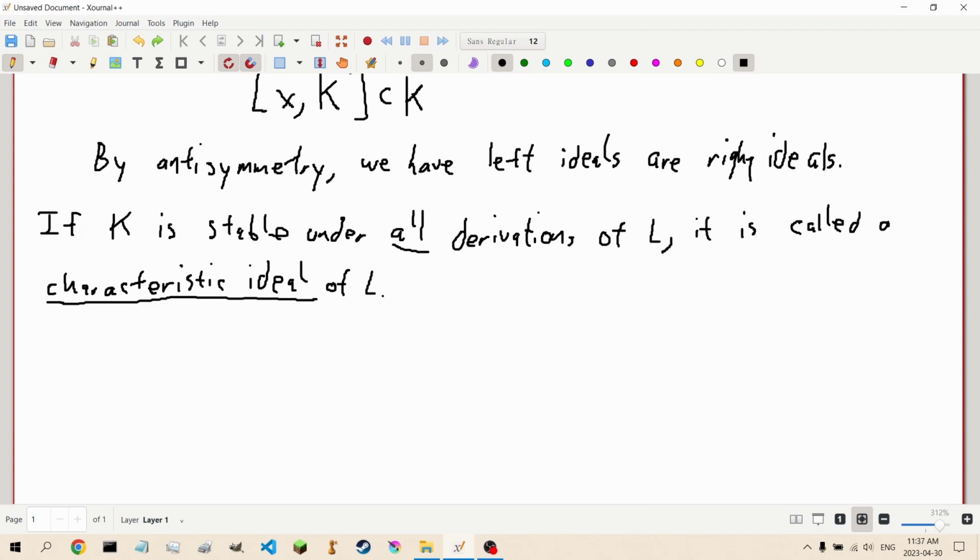All of our adjoint representations are derivations, but they're not necessarily all of the derivations we can find.